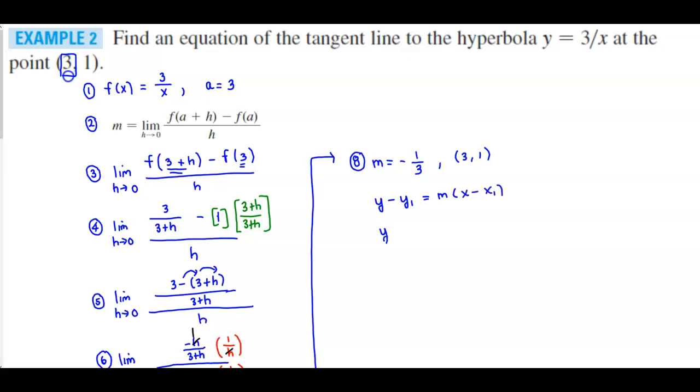So we get y minus 1 equals the slope of negative 1/3 times x minus 3. If we distribute negative 1/3, we have negative 1/3 x plus 1. Add 1 to both sides, and we get negative 1/3 x plus 2.